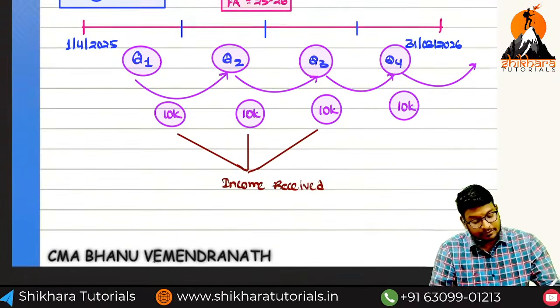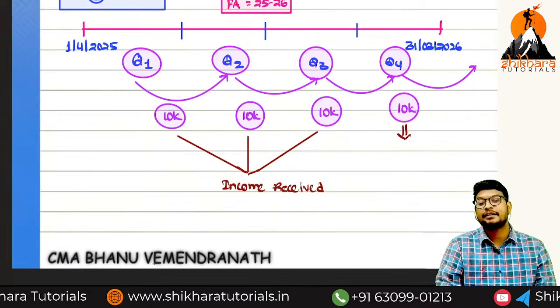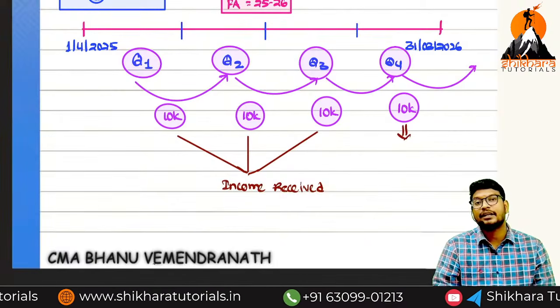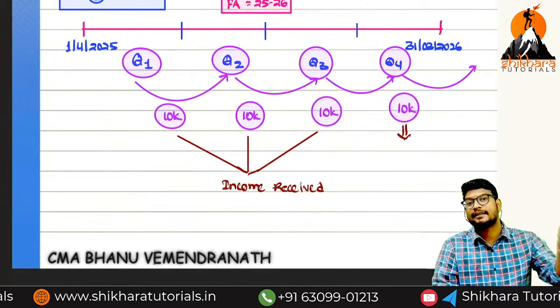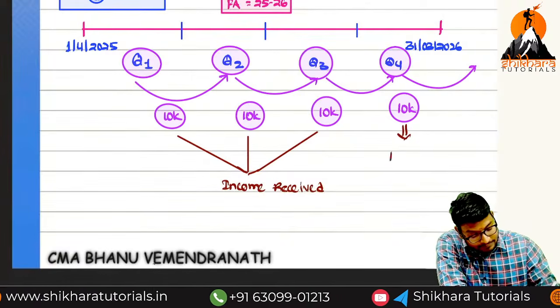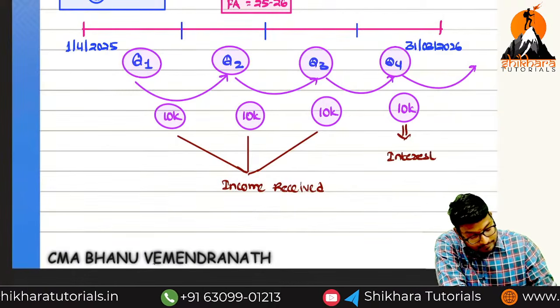But this last 10,000 is income related to which year? Related to the current year, but we have received it during the next year. So that is the reason we call it income receivable, nothing but interest receivable.